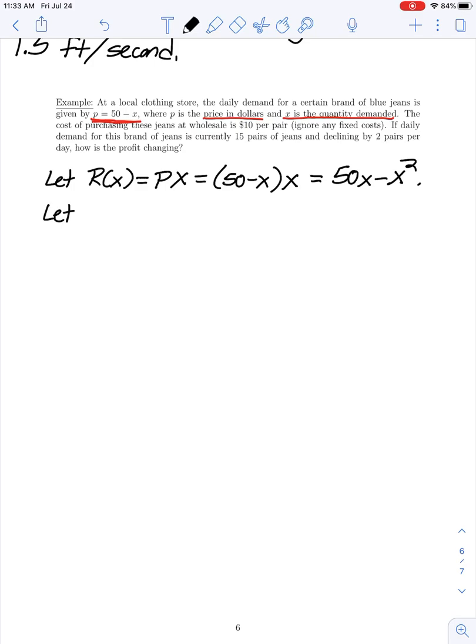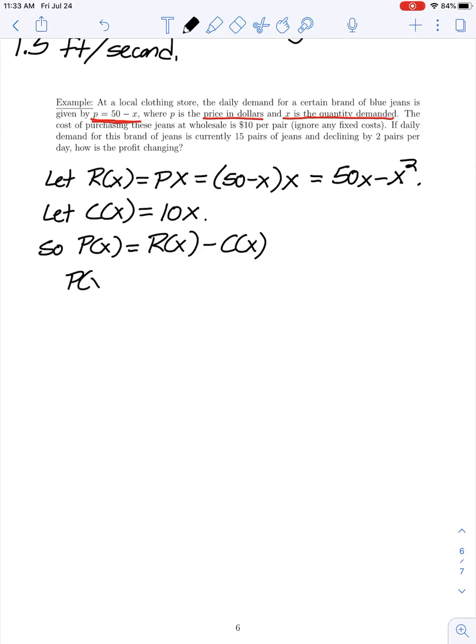Now, we also need cost in order to find profit, so our cost, C of X, we were given is $10 per pair. So we have $10 per pair times X, the number of pair of jeans which are purchased. And so our profit, P of X, is then given by revenue minus cost.